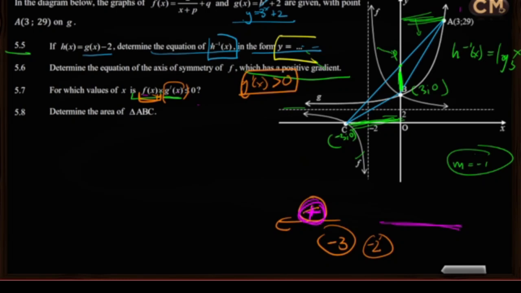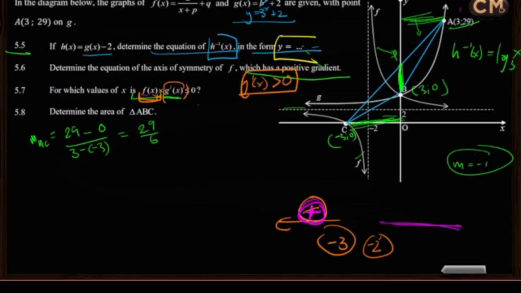So if we were able to calculate the coordinates here at this newly created P, we will have the ability to calculate the base that we can use to calculate the areas in both triangles. So let's go for that. The gradient of AC then is equal to, well, our coordinates here at A are 29 minus 0, and then of course it's going to be 3 minus minus 3, which gives us a value of 29 over 6.